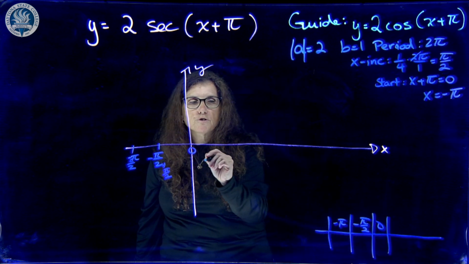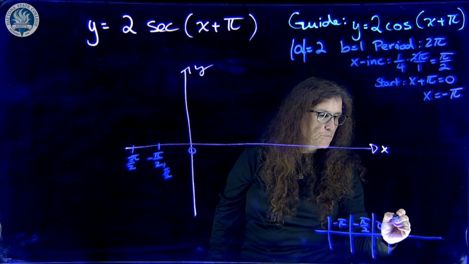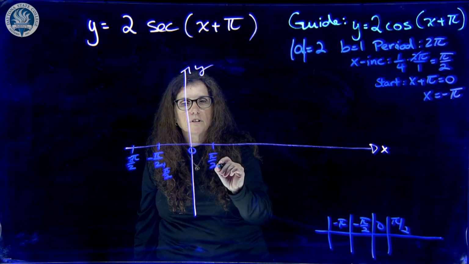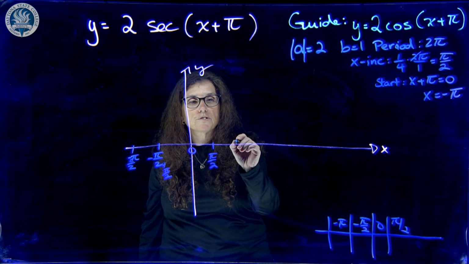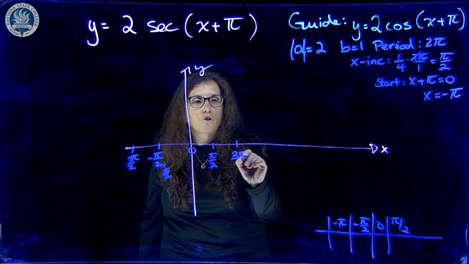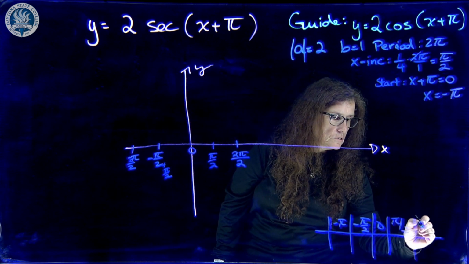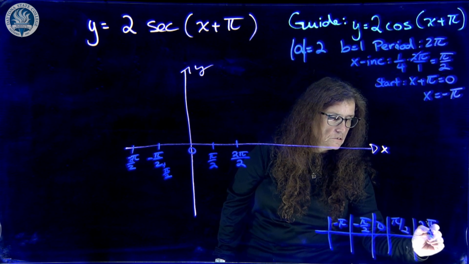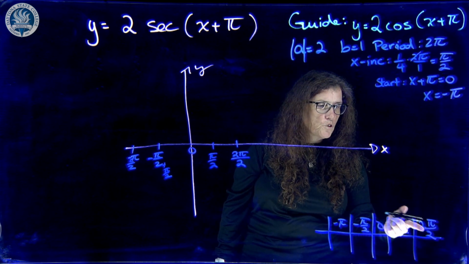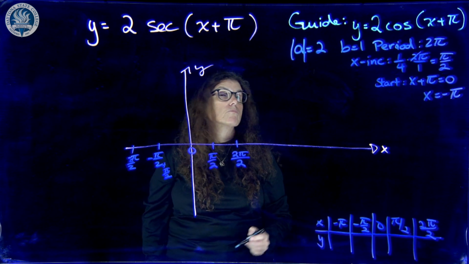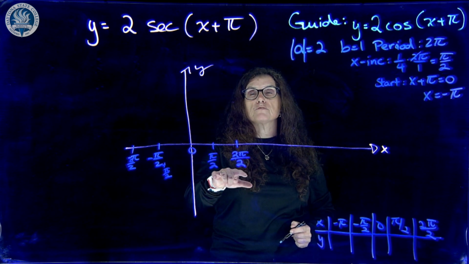Plus pi over 2, of course, that is pi over 2. Somewhere here, plus pi over 2 is 2 pi over 2. And 1, 2, 3, 4, 5. We have enough points right here. Okay, so we have our x values.